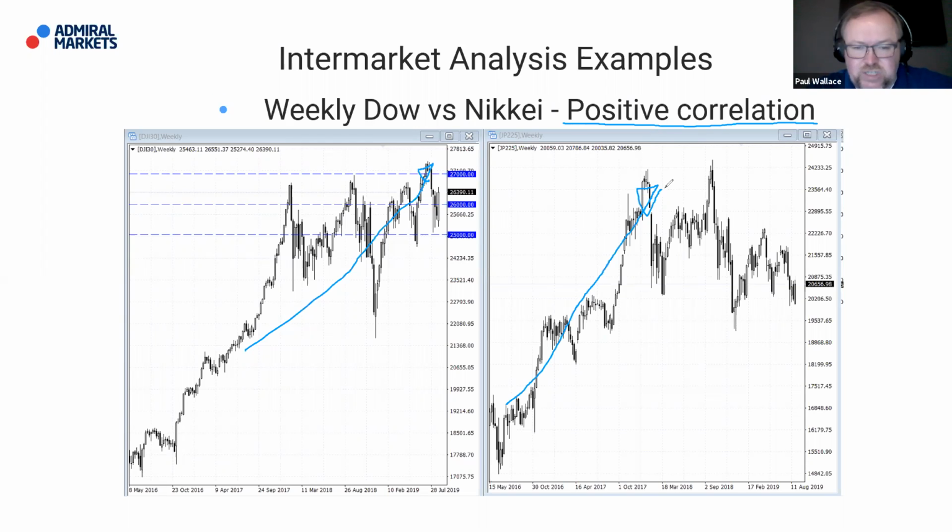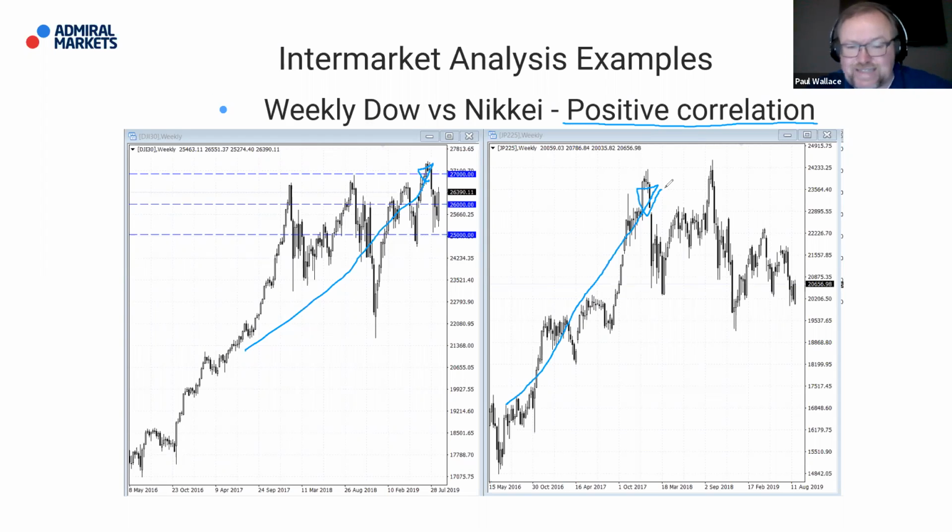And so this is just an example of it: that weekly Dow chart has been grinding its way north. It's not surprising to see that the Nikkei has been grinding north as well. There is a positive correlation to that. When we see correlations in a strong uptrend, we can look across the American indexes and across the rest of the global indexes.